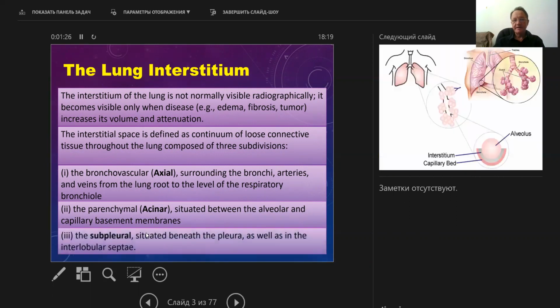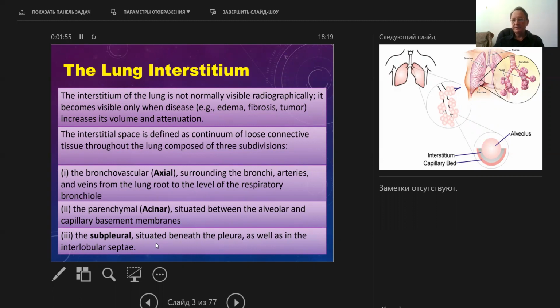Second is the parenchymal acinar, situated between the alveolar and capillary basement membrane. And third is the subpleural lung interstitium, situated beneath the pleura as well as in the interlobular septum.